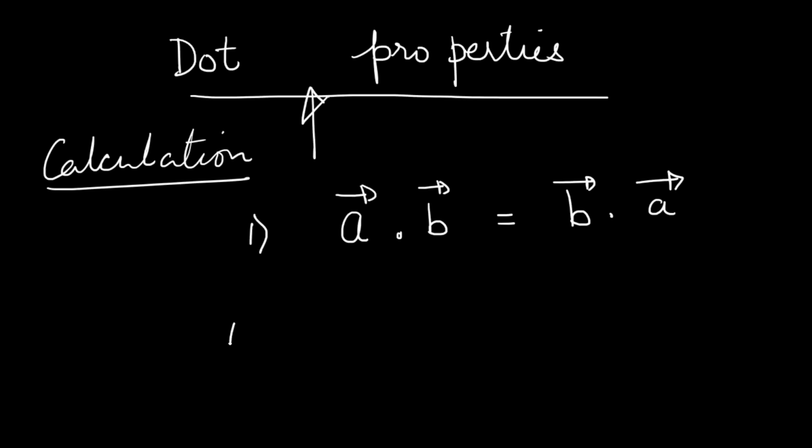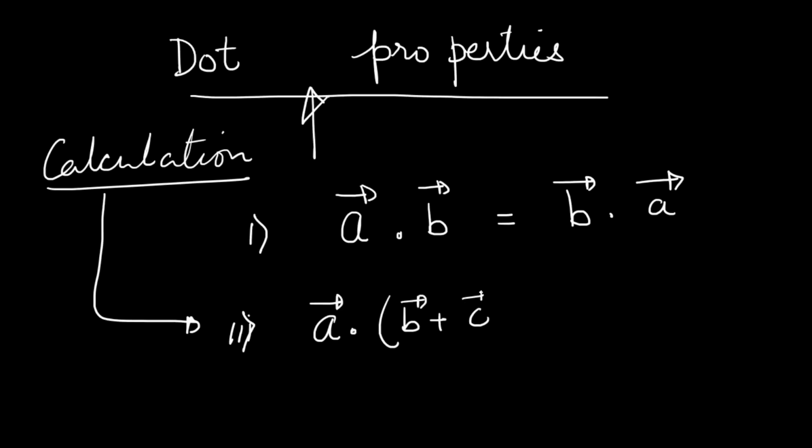And now there's another property that is going to be extremely crucial in the way we do our calculations, and that is A dot (B plus C), where we already know B plus C is a vector.